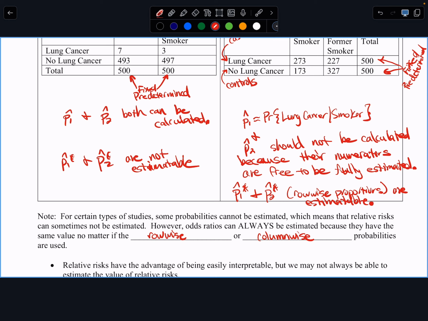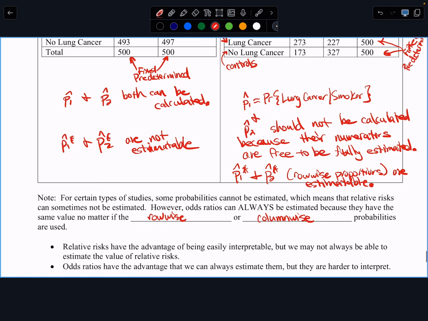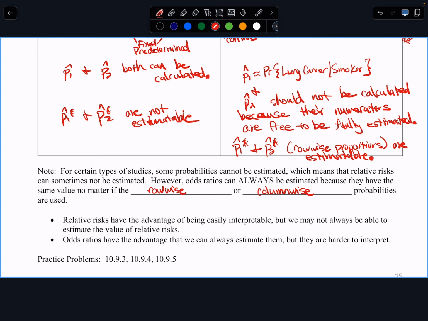All right, but you still can study relative risks. So that's the end of section 10.9, right? These last two bullets just give us information about some of the advantages and disadvantages of each. For instance, relative risks have the advantage of being easily interpretable compared to odds ratios, right?